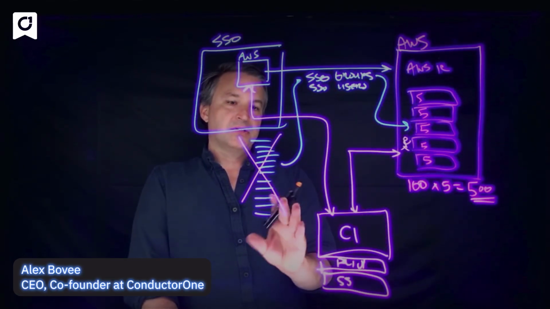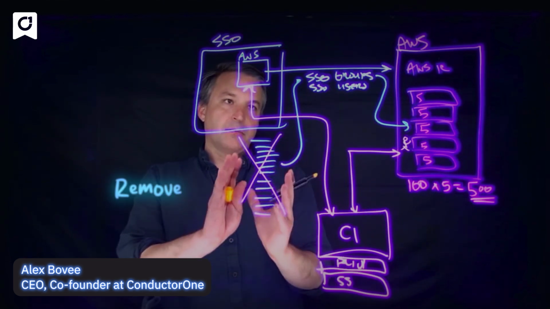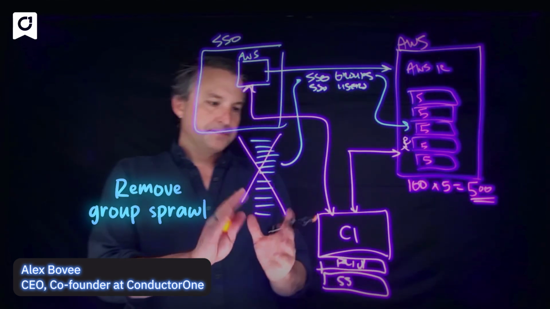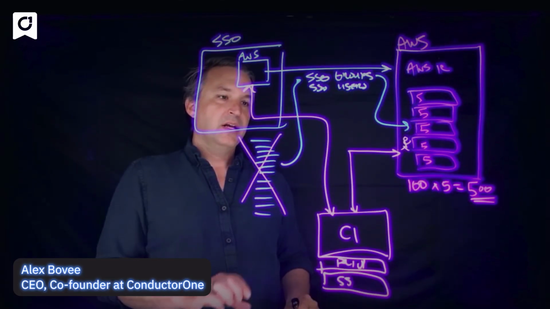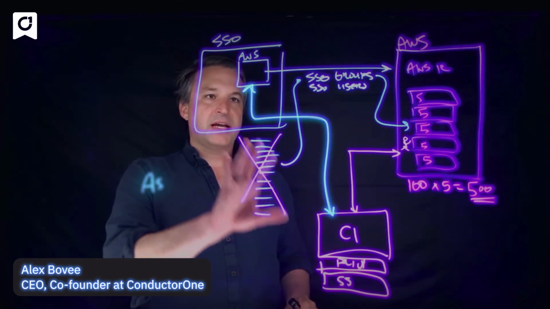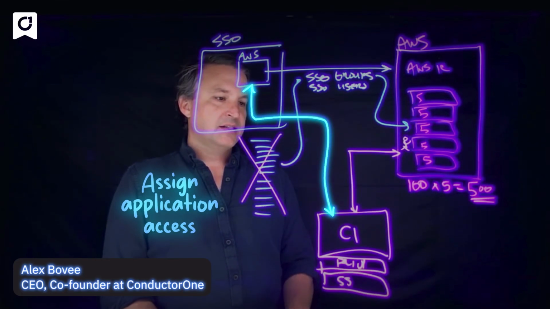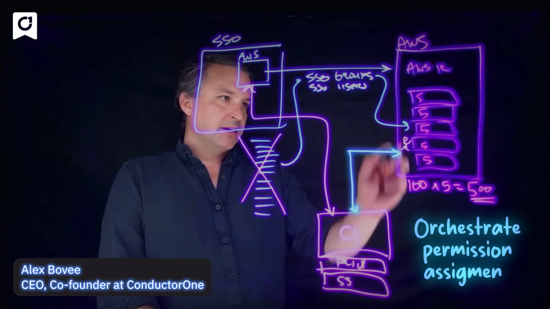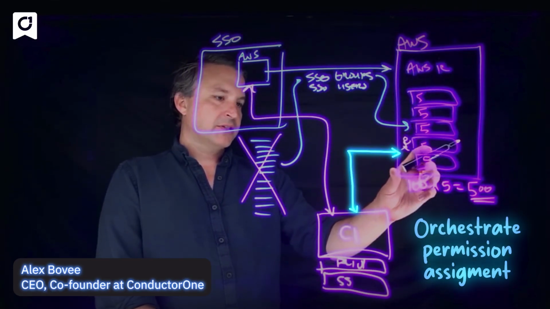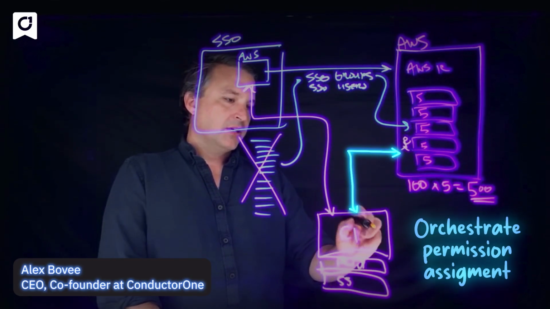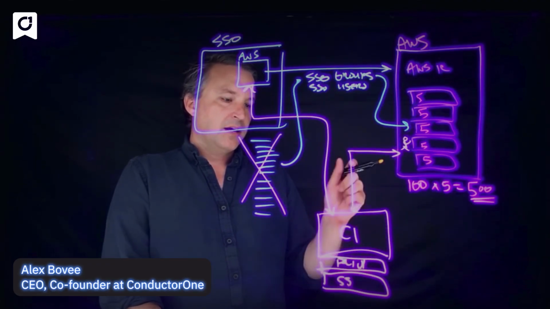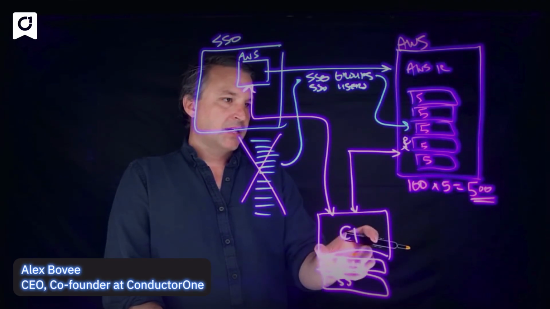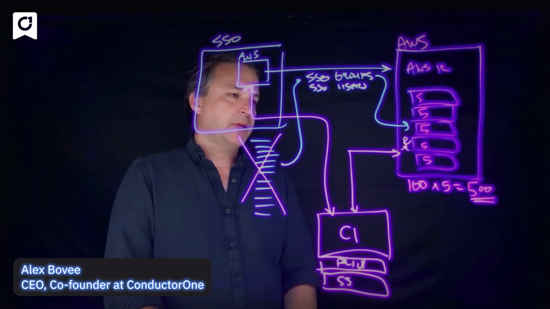And so what this lets you do is effectively remove all this group sprawl here. The connective tissue of ConductorOne to the SSO provider is simply for assigning application access. And then we are orchestrating permission assignment direct to the AWS infrastructure, which also allows your application or resource owners to manage that in ConductorOne through policy, through that self-service experience.